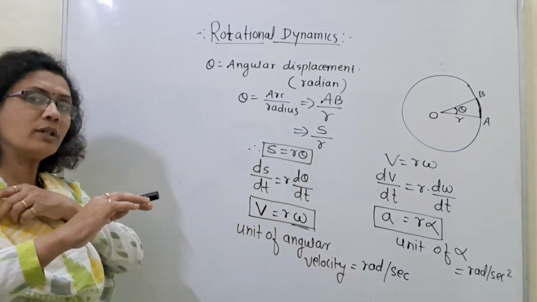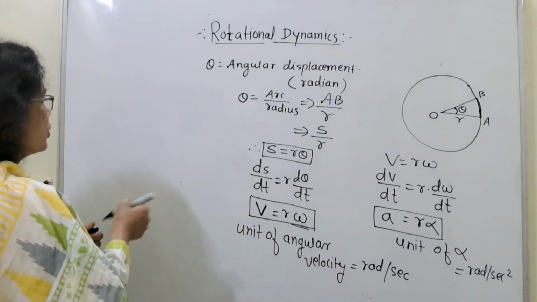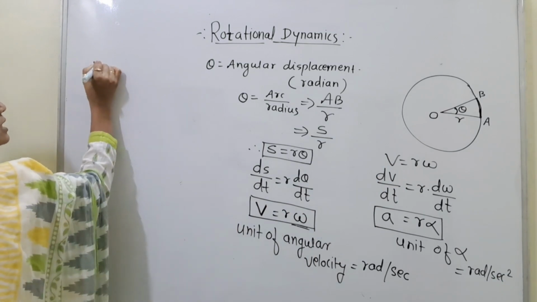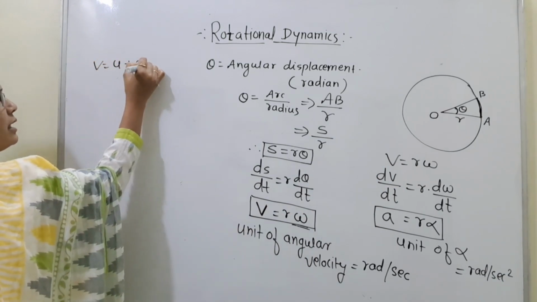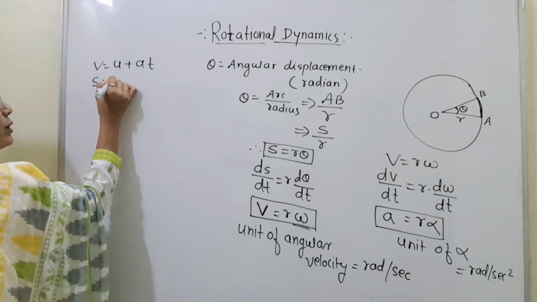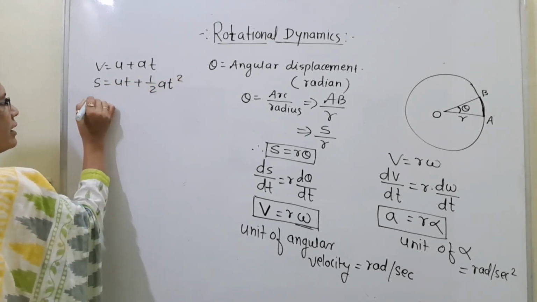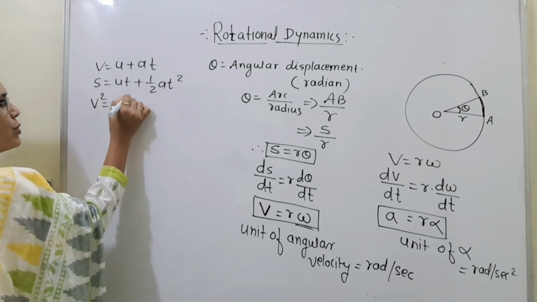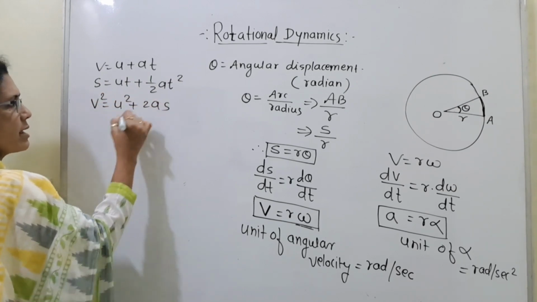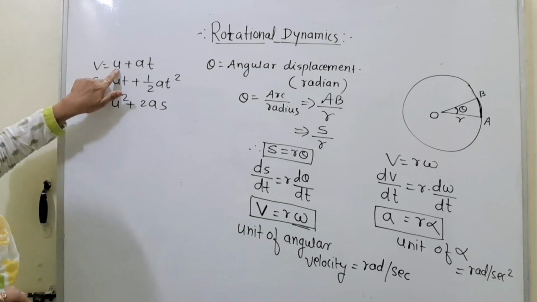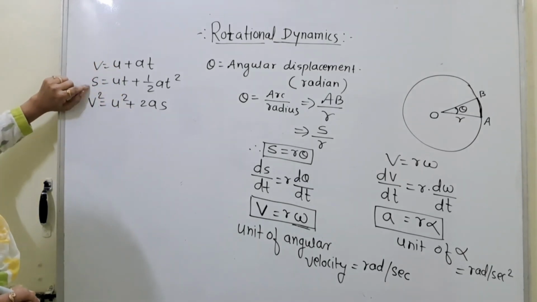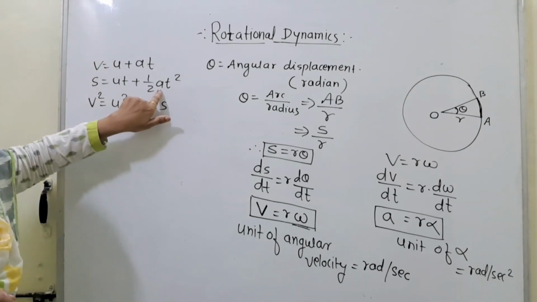Now, we know the three equations of motion in linear motion, that is V is equal to U plus AT, S is equal to UT plus half AT square, and V square is equal to U square plus 2AS. Initial linear velocity, final linear velocity, linear displacement, linear acceleration.